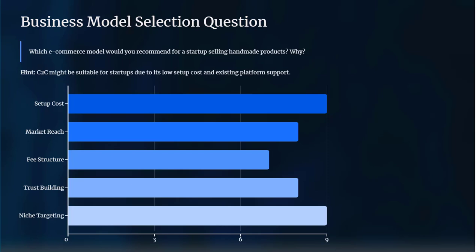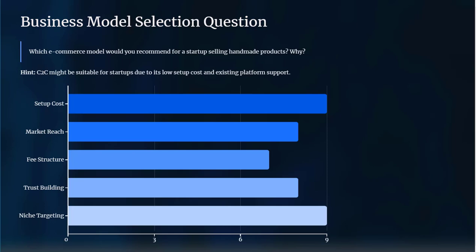If you look closer at how different factors score for the C2C model, the setup cost scores 9 out of 10, indicating it's very suitable for startups with limited budget. Market reach scores about 8, showing good potential to connect with a wide customer base. The fee structure scores 7, which is reasonably suitable. Trust building also scores 8 out of 10, important for selling handmade products directly to consumers.